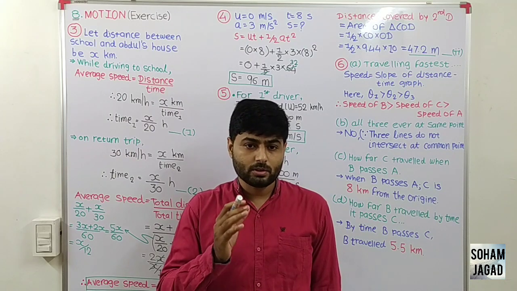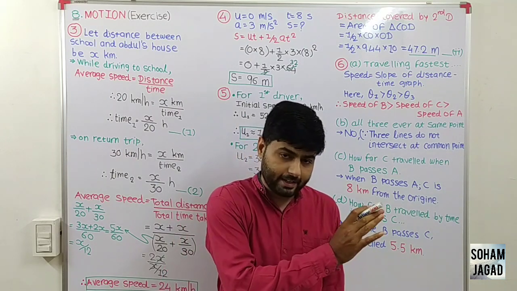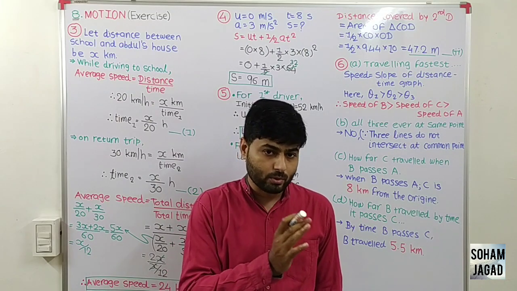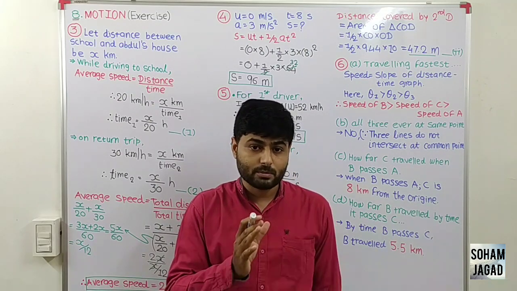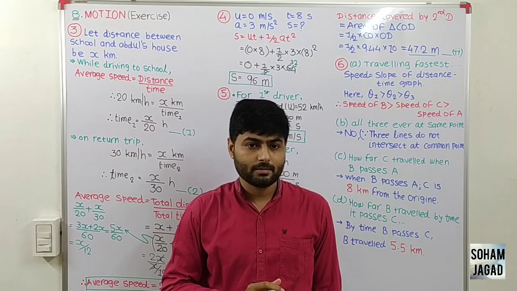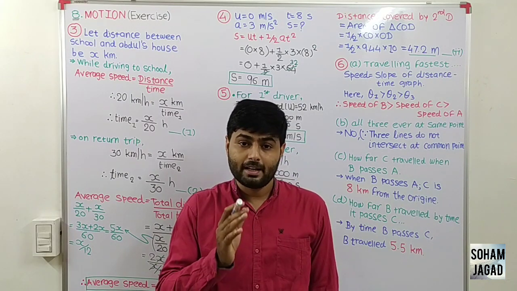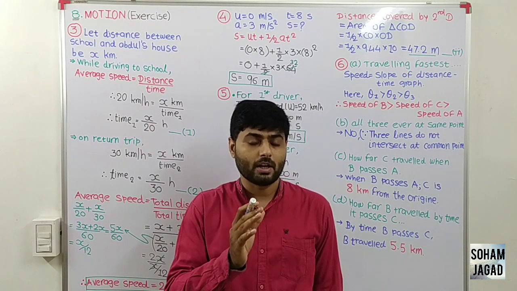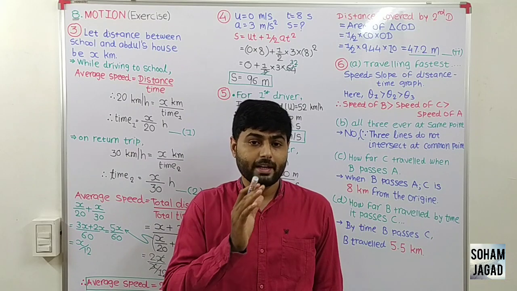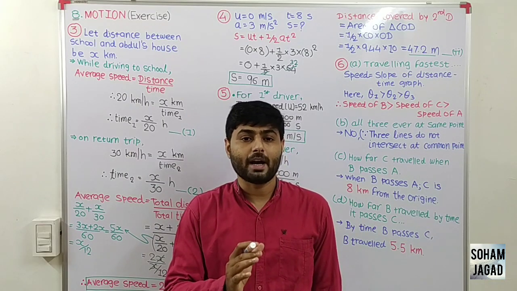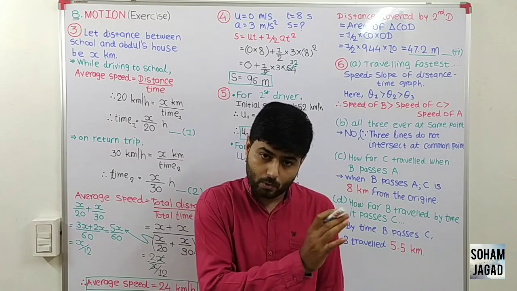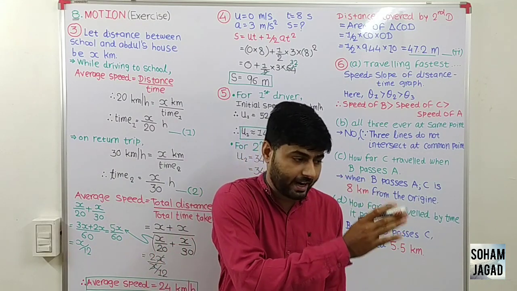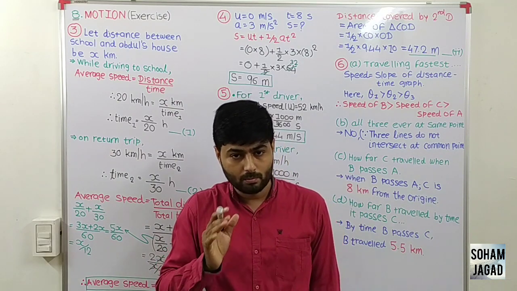Here Abdul is going to school and returning to his home. While going to school, he has an average speed of 20 km per hour, and while returning home, he has an average speed of 30 km per hour. So in this case, we have to find the average speed of the total journey, that is from his home to school and school to home.